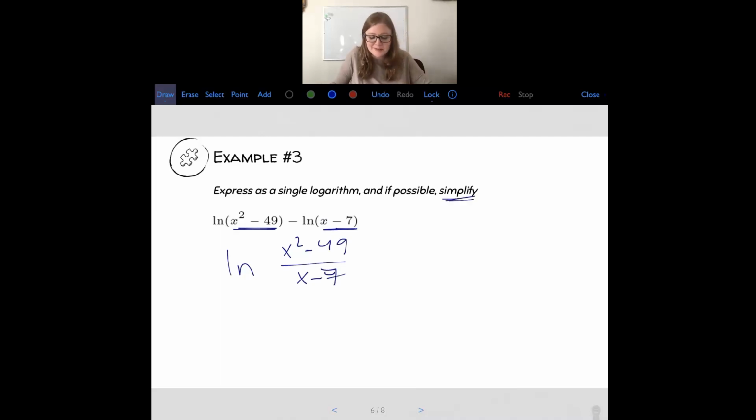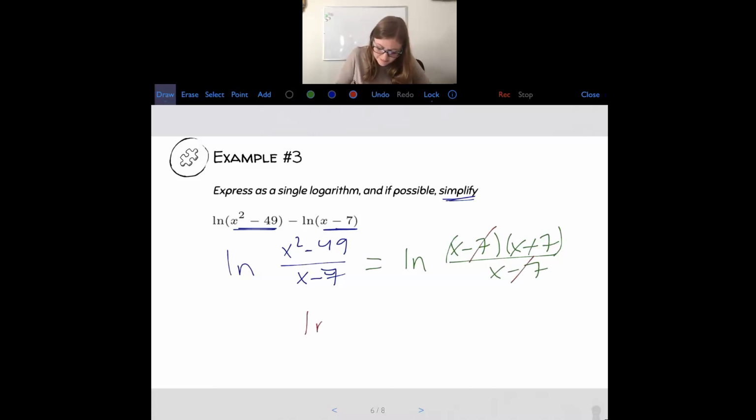So you want to be suspicious of factoring here, particularly with that x squared. Okay, so x squared minus 49, that's the difference of two perfect squares. So that's x minus 7 times x plus 7, and then our denominator of x minus 7. So our x minus 7s can cancel, and we're left with ln of x plus 7 as our final answer.